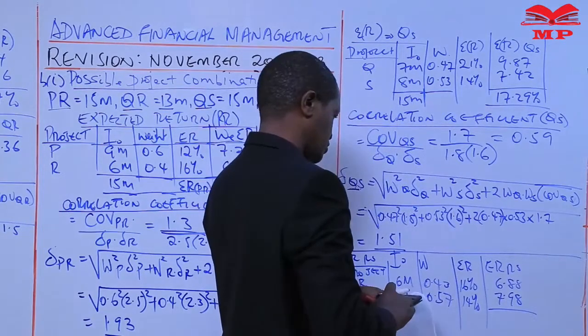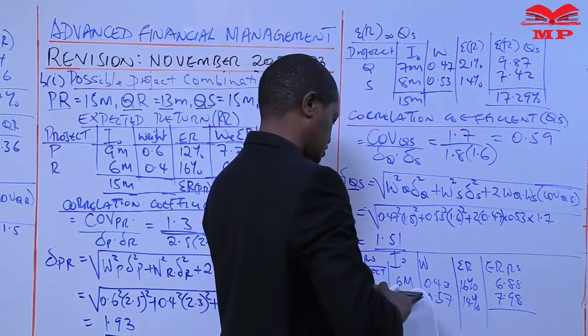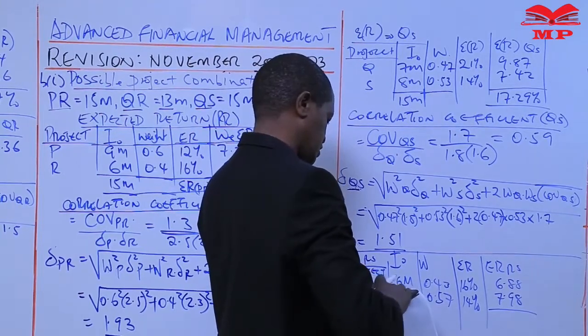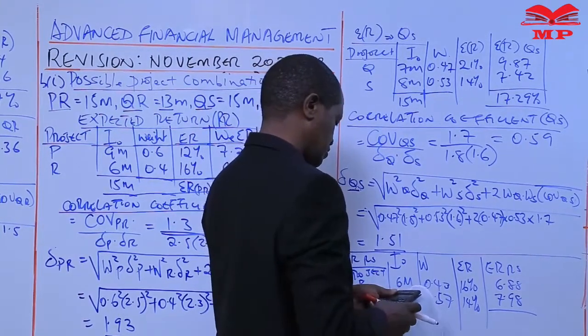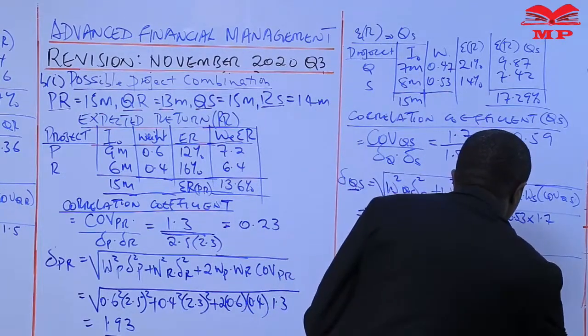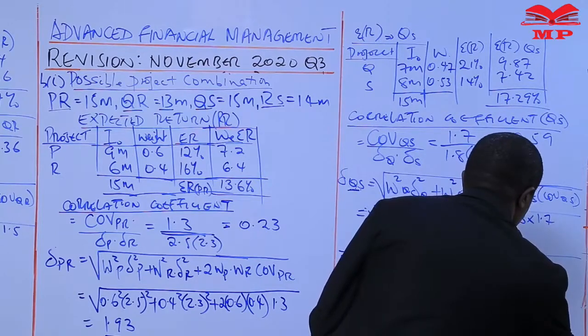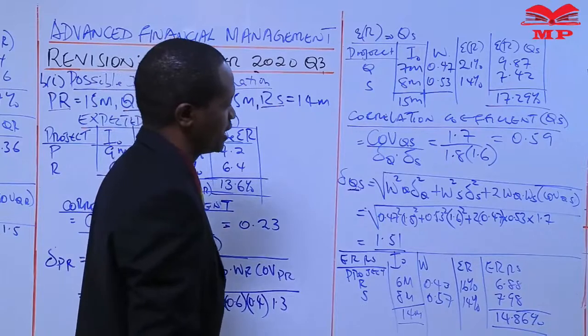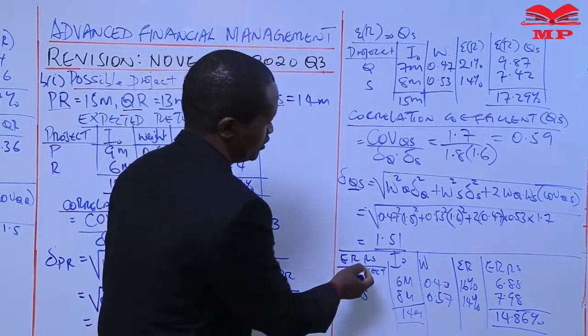The total is 6.88 plus 7.98, total 14.866%. That is the expected return for the portfolio RS.